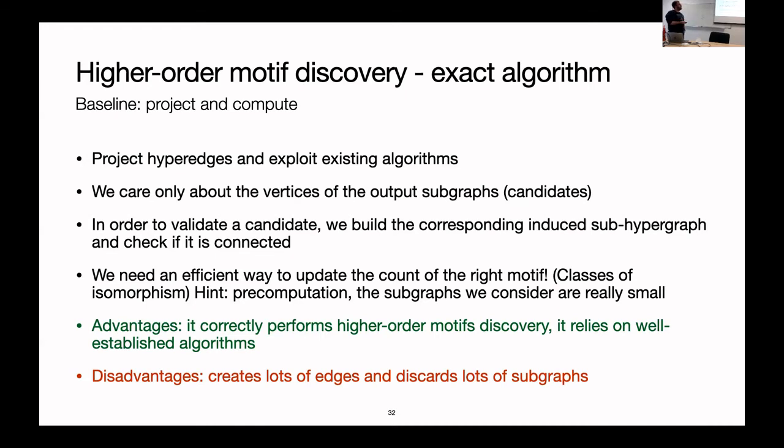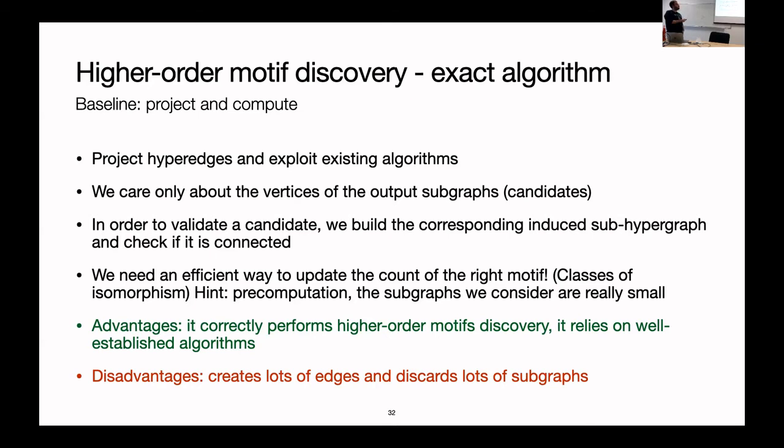Now that we have constructed our pattern, we need to efficiently update the count of the right motif. We will not dive into this subtask because it's a bit technical, but we exploit precomputation, because subgraphs are really small, to trade memory for efficiency in the algorithms.